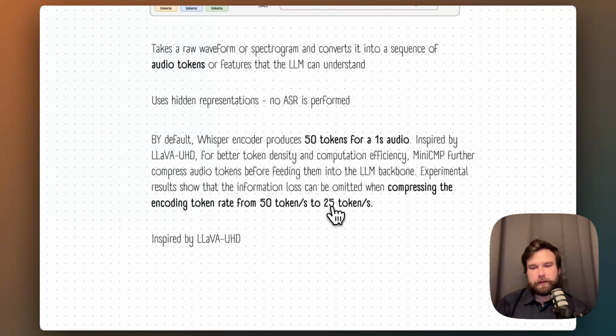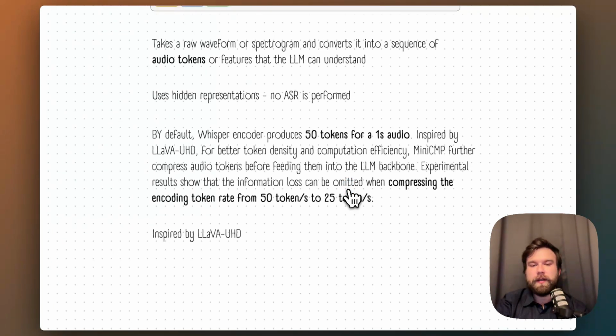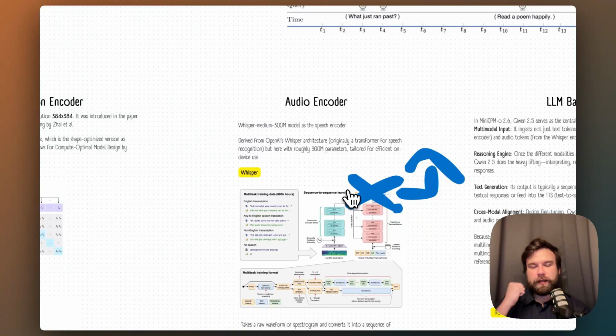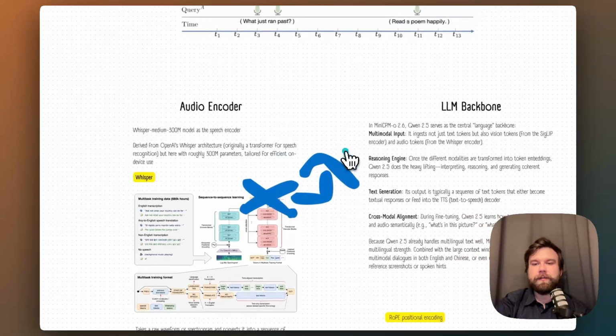And as was shown in the LLaVA paper, it doesn't degrade the output. So we can optimize it, we can decrease the number of tokens, and we have no or little degradation in the audio. So again, same pattern we saw in the image encoder. State-of-the-art audio encoder, but some tweaks to maximize efficiency.